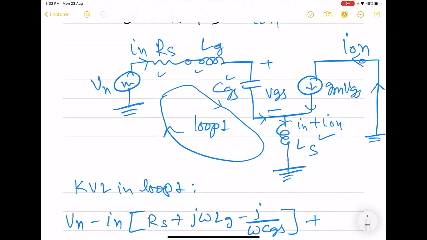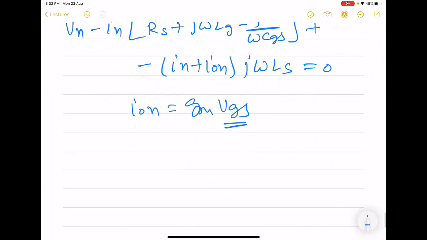We can see that VGS is the voltage across the capacitor because of current IN flowing through the capacitor CGS. So VGS is IN into minus j by omega CGS.